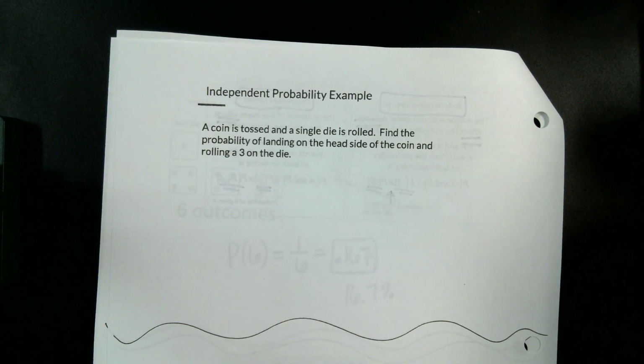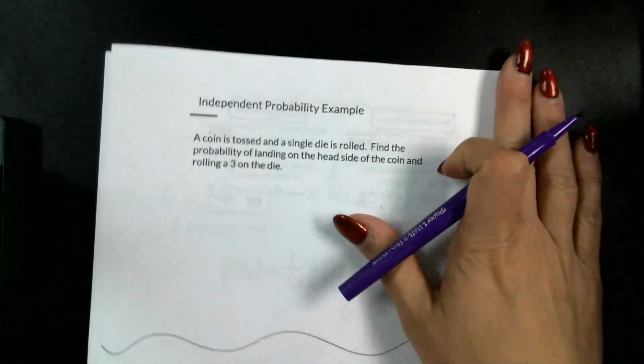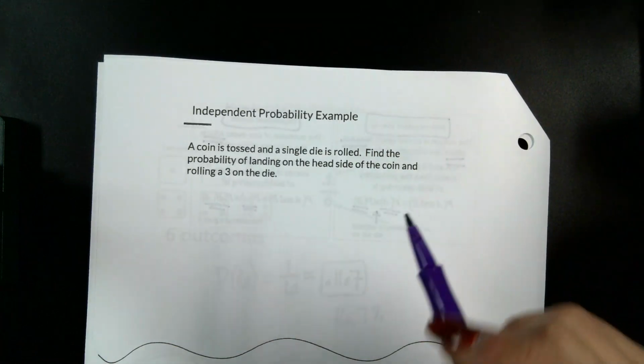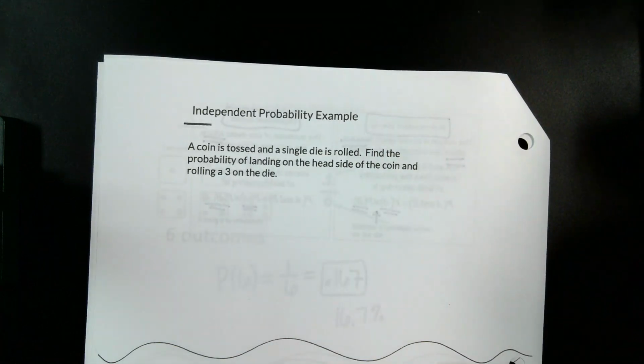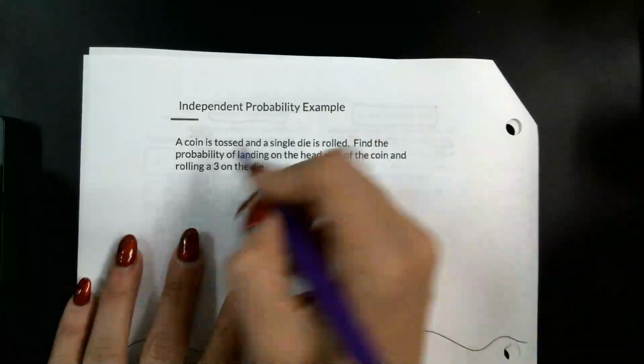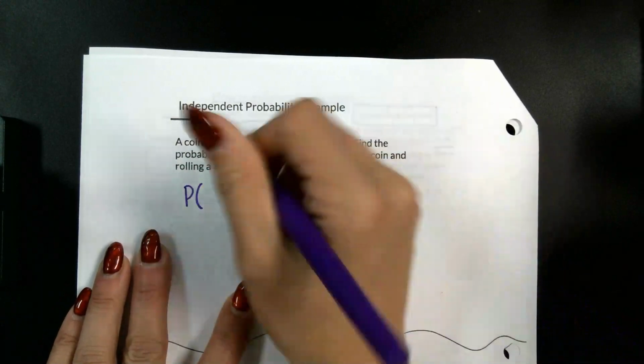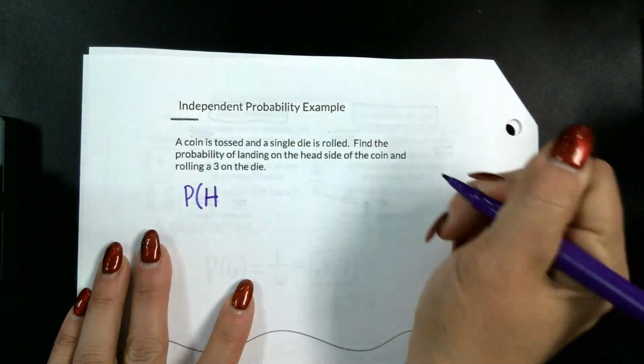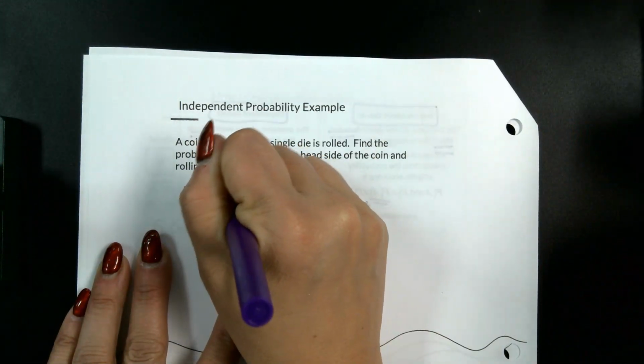All right. A coin is tossed and a single die is rolled. Will that coin affect the die? No, because they're two different things. So we want to find the probability of landing on heads and then rolling a 3.